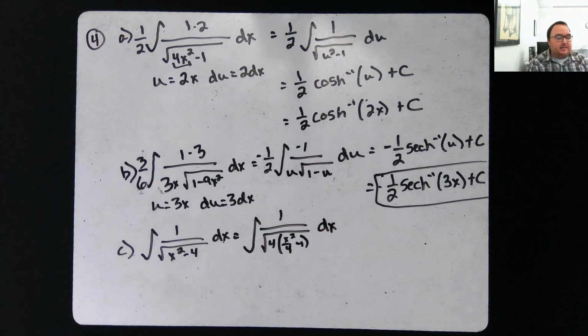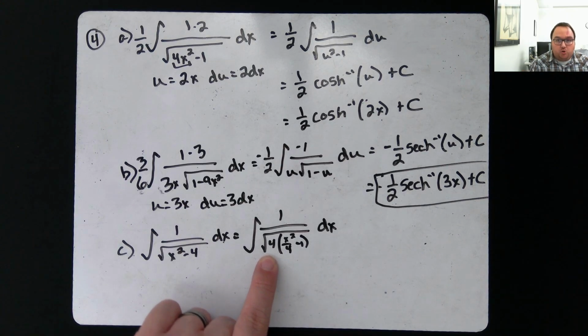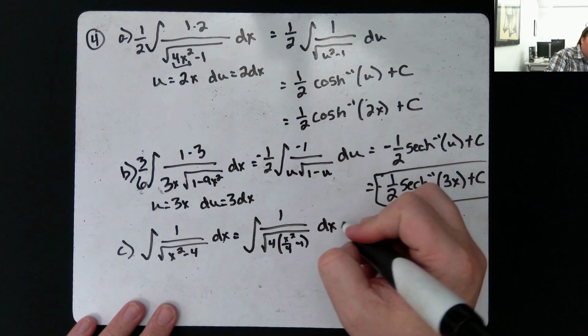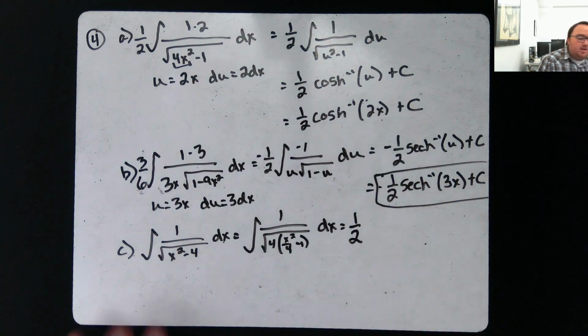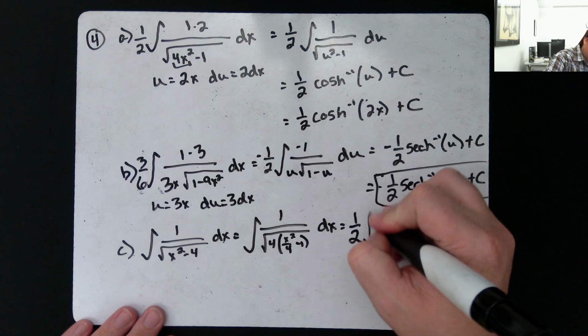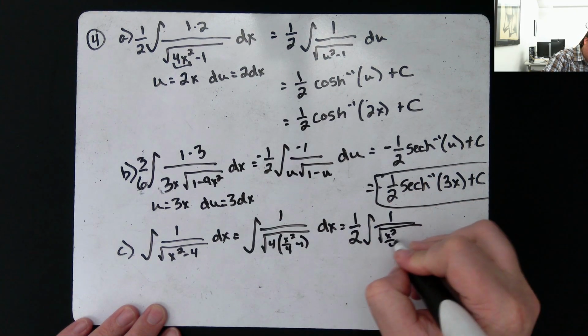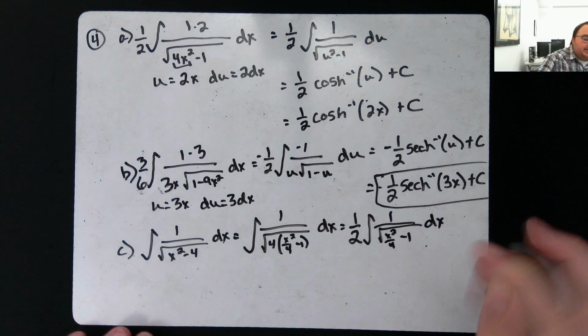Why is that nice? Because now I can take the square root of 4. Square root of 4 is 2, which gives me a 2 in the denominator. So I can pull out a 1/2. Again, because the square root of 4 is 2, it's in the denominator, which makes it 1/2. Integral 1 over the square root of x squared over 4 minus 1 dx.